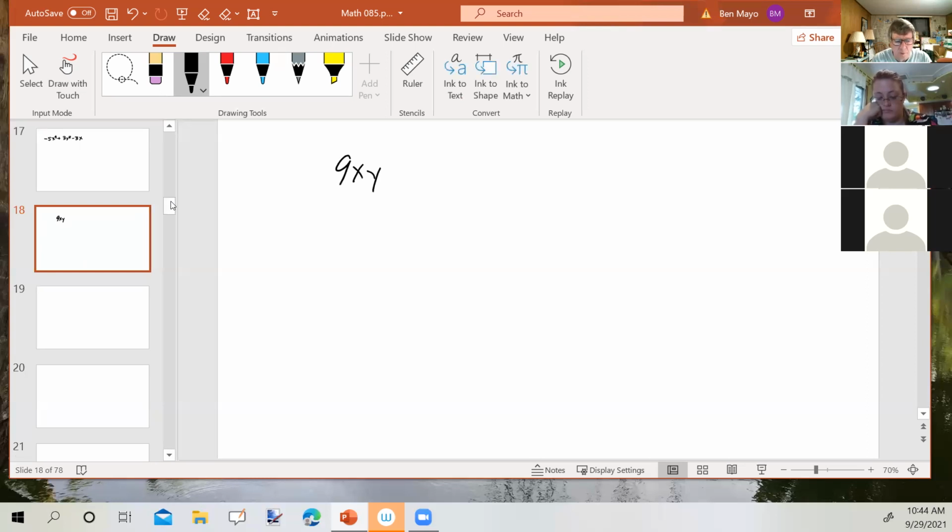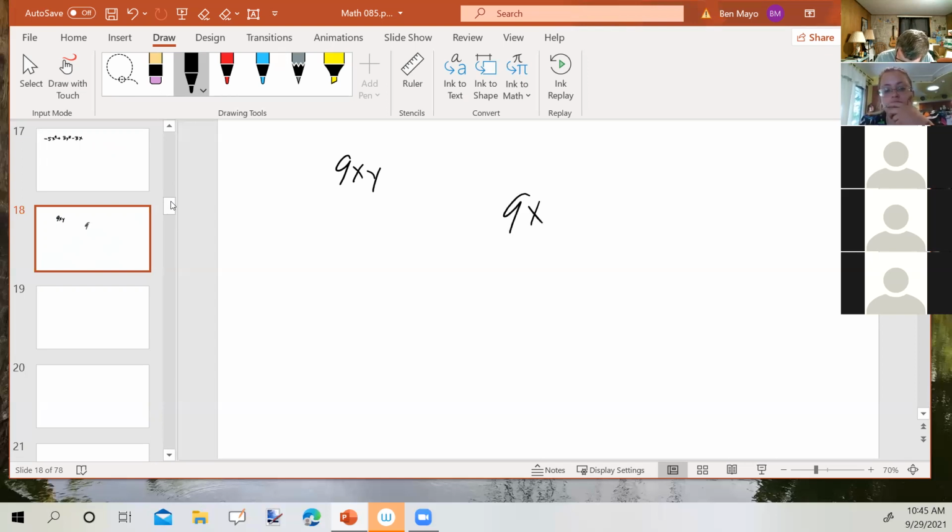Is this a monomial, a binomial, a trinomial, or none of these? How many terms are there? A monomial? There's just one, okay? Terms are separated by addition and subtraction.